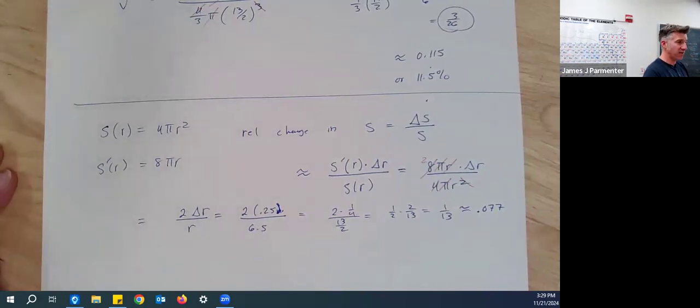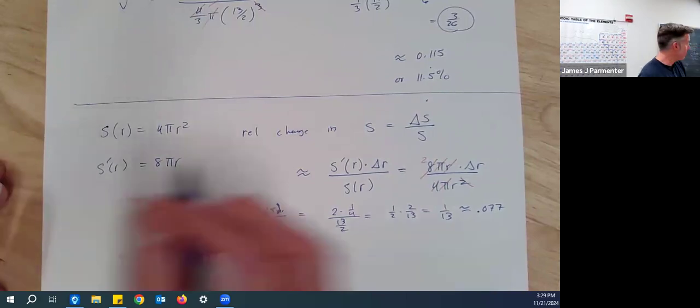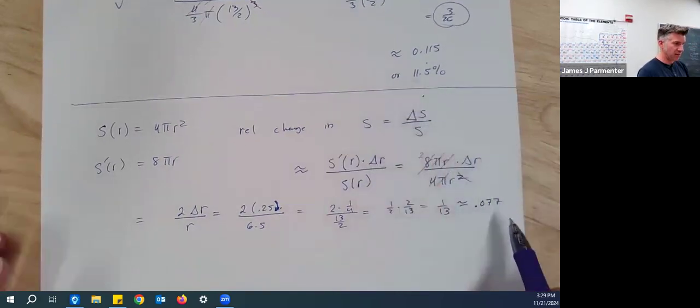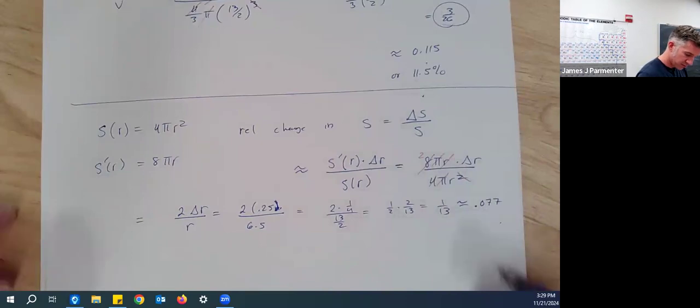So increasing the radius from 6.5 to 6.75 millimeters increased the volume by about 11.5% and increased the surface area by about 7.7%.